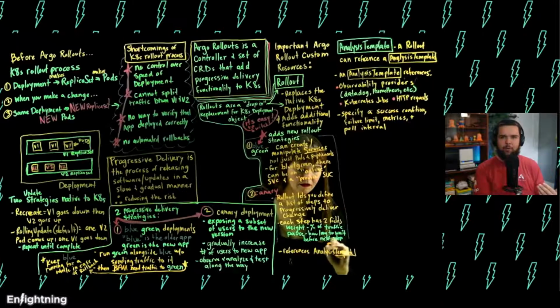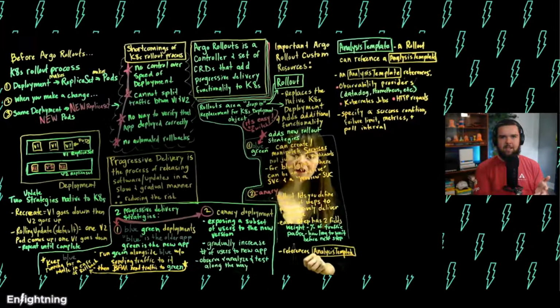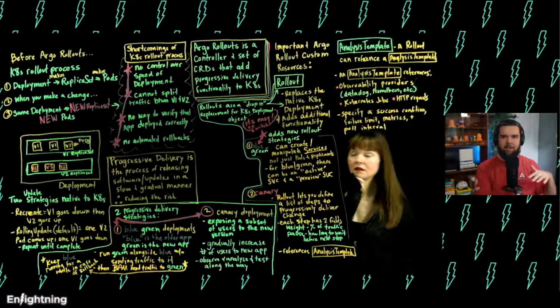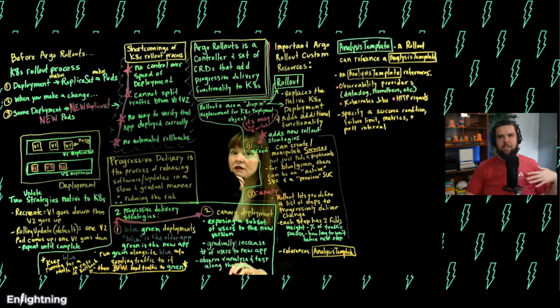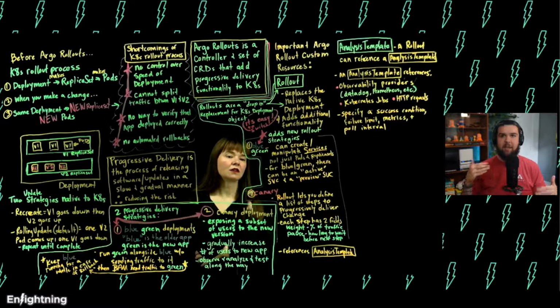Let's go into the example of we have this rollout. We've got a new version that we want to deploy into our cluster, and we're doing a canary deployment. When we do our canary deployment, we specify steps that we want our canary to go through to gradually expose to new users. The analysis template can be used in a couple different ways.